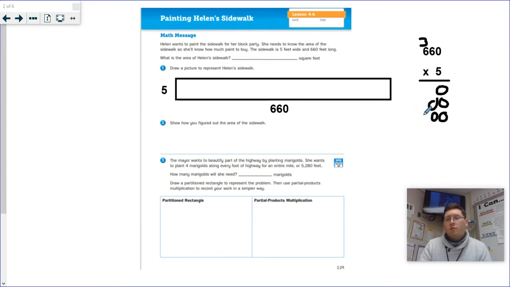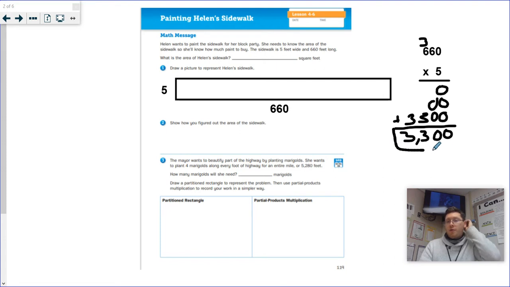When I add that together, I have 0 plus 0 plus 0 is 0, 0 plus 0 is 0, and then 3 plus 0, 3 plus 0, put my comma. So my answer is 3,300 square feet. I put my answer up here, 3,300 square feet.